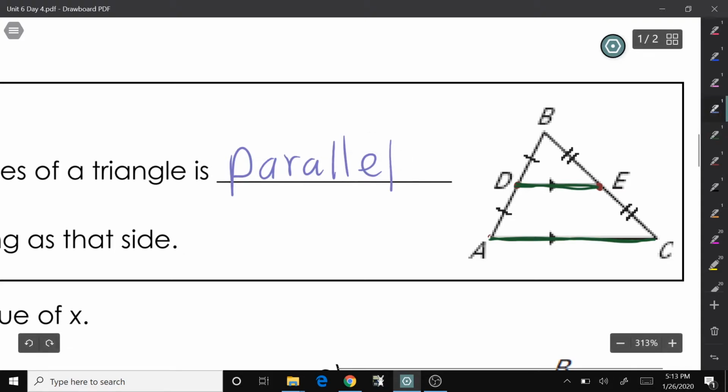What it also means is that BD and DA are congruent, and BE and EC are congruent. So that lets us do a lot of things.